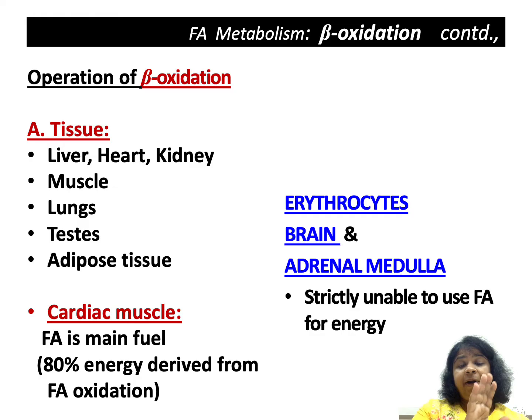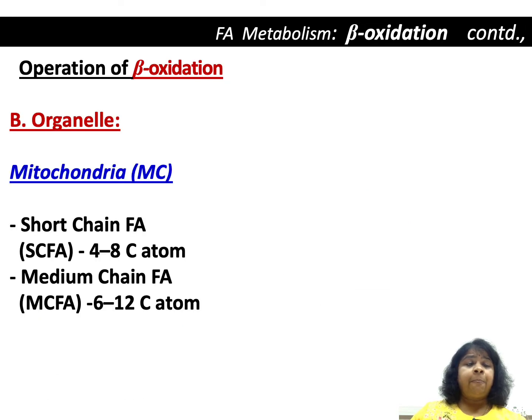So brain will depend on glucose, and once glucose is less, then brain switches over to ketone bodies when they are available. Then adrenal medulla, not sure, I haven't been able to find any answer to why beta oxidation is not happening in adrenal medulla, but these are 3 tissues where beta oxidation does not happen.